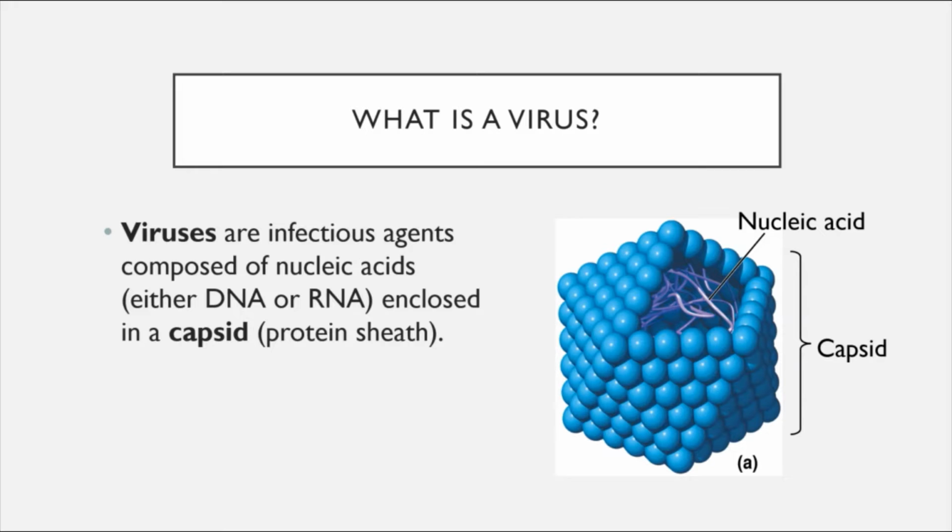Viruses have some unique characteristics in that they are extremely small. Even compared to other types of microscopic organisms, they are very, very tiny. They are on the order of 20 to 1,000 nanometers in size. And in just a second, I'm going to remind you how that size compares to other types of microbes.